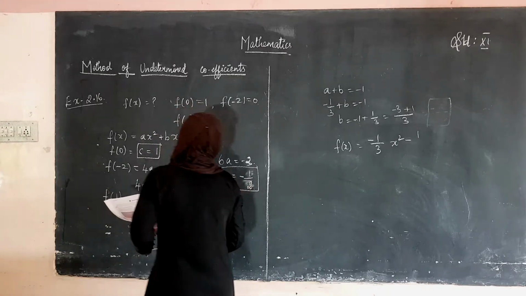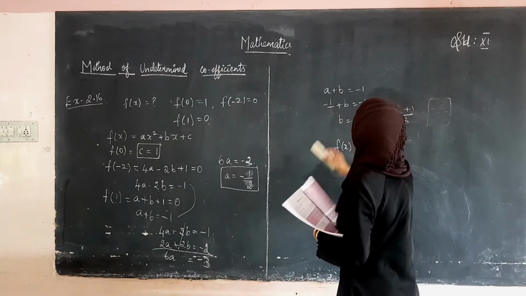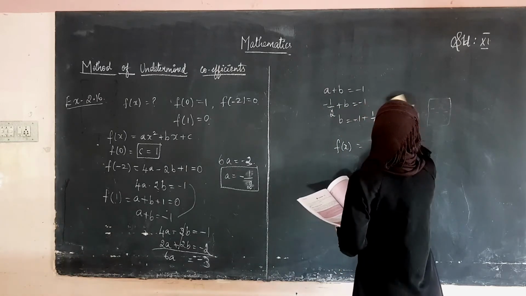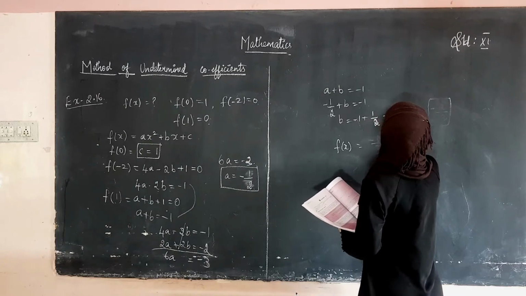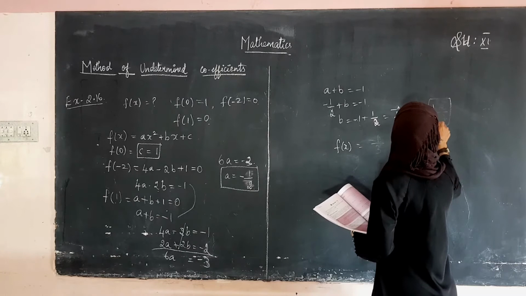The value of a is minus 1 divided by 2. And for b, the value is minus 2 plus 1 divided by 2, which is equal to minus 1 divided by 2.